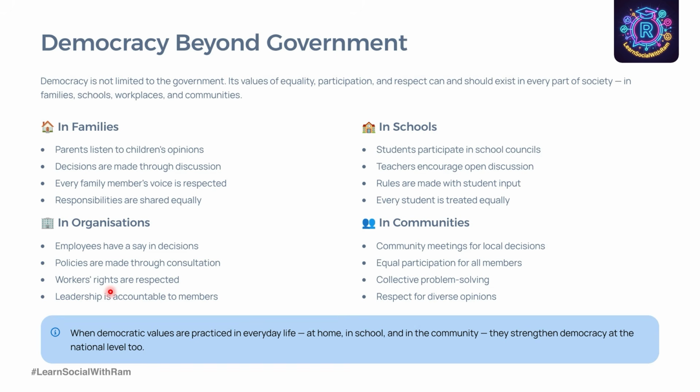This also reflects democracy in organization, which is beyond the government. Then we have democracy in communities. In communities, democracy means equal participation, discussion, and respect for different opinions. Democracy becomes stronger when democratic values exist in daily life. So this aspect explains to us that democracy can be understood beyond government as well.